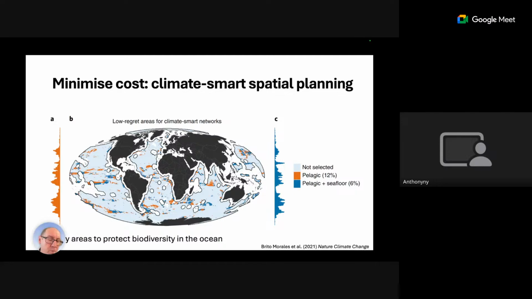The other reason we focused on the high seas is that there's virtually no protection in the global high seas at the moment, because it's only last year that the United Nations got a biodiversity treaty for the high seas, for countries to come together to make national parks in the high seas. We've never had that before. So it's sort of timely, probably.